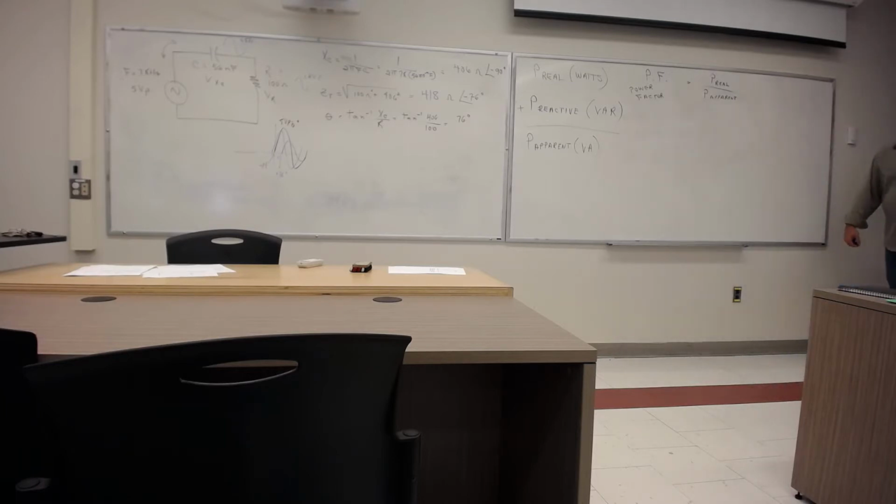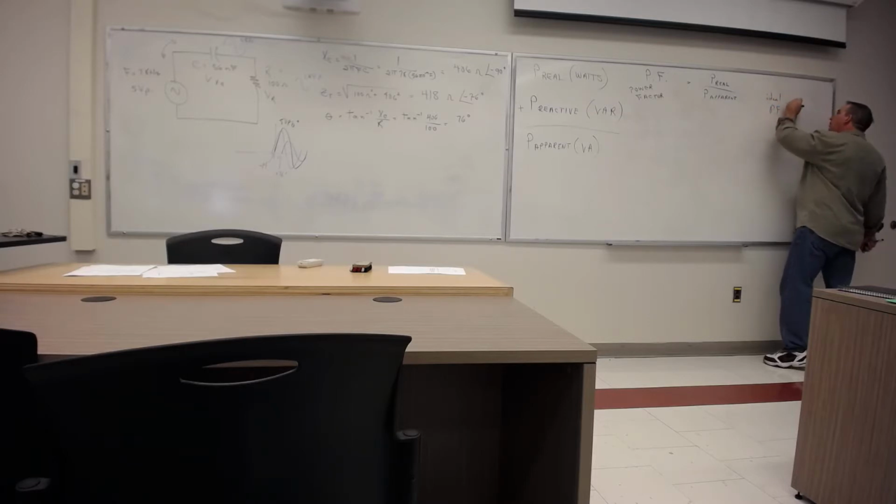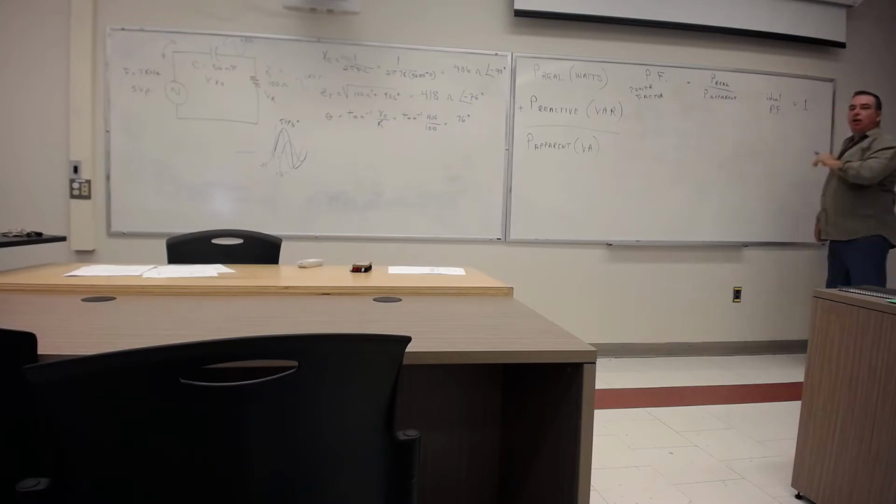Okay, that's your power factor. Ideal power factor equals 1. That means all your power is being used. If you get a power factor of 1, that means all of the power is being used to do work. It's all watts.